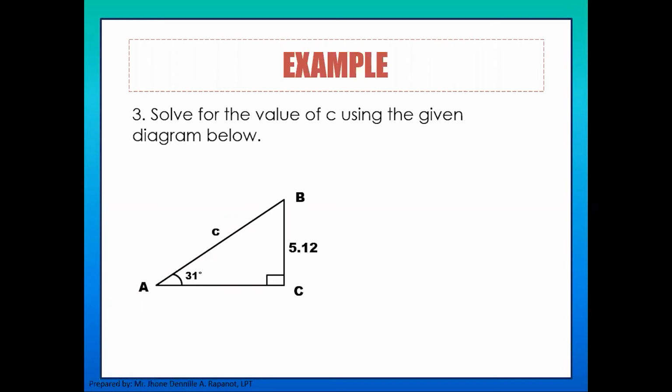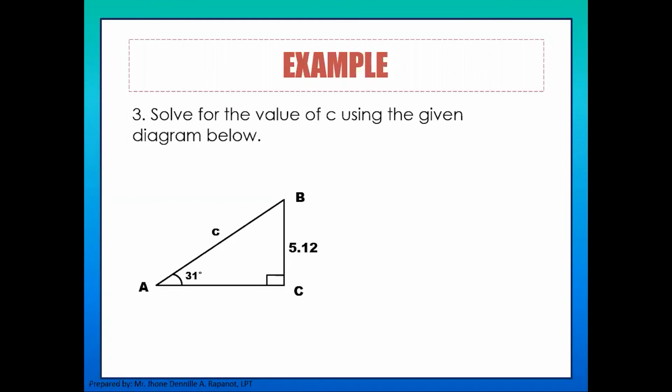Now, maybe you're wondering how we can work with this particular right triangle. What we have here are values for the angle theta and the other leg, which is 5.12. But nothing to worry about, we can go ahead and solve this.